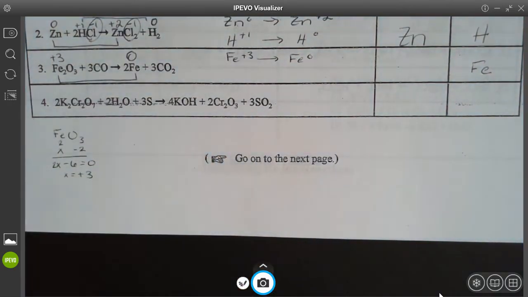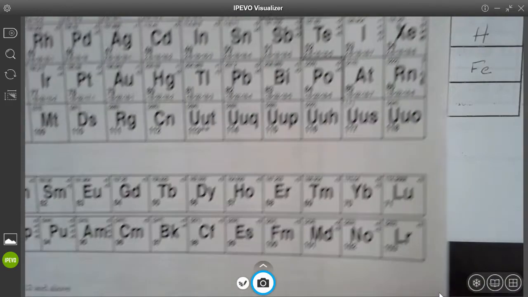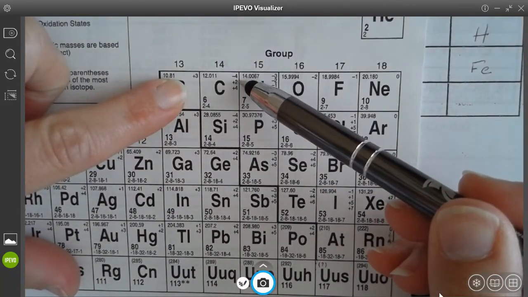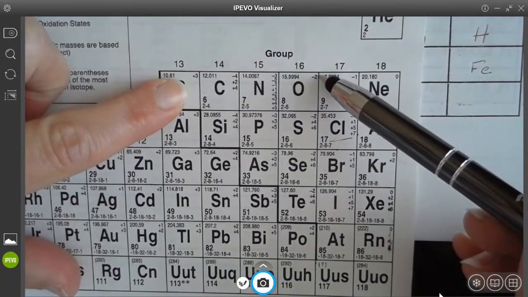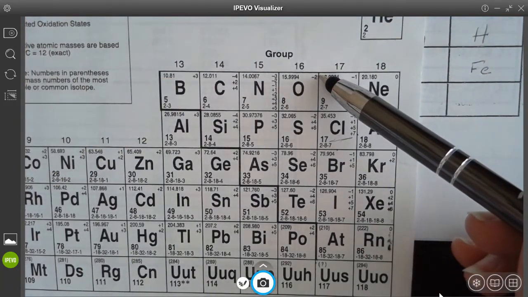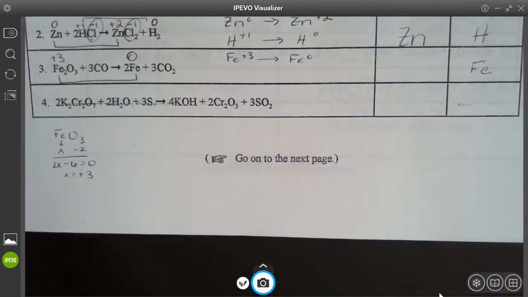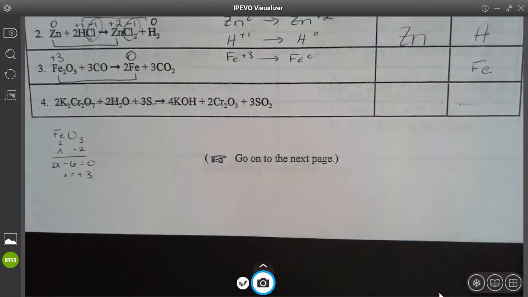When we look at the periodic table, it can give us some hints. So let's take a look. These are going to be our main ones up here. Carbon can be +2, +4, or -4. Oxygen can be a -2. I would start with carbon and see what it is, because our rule for oxygen is it's a -2 unless a peroxide.